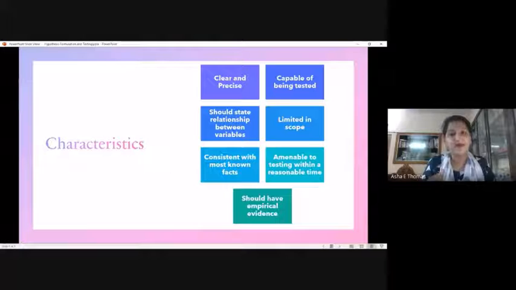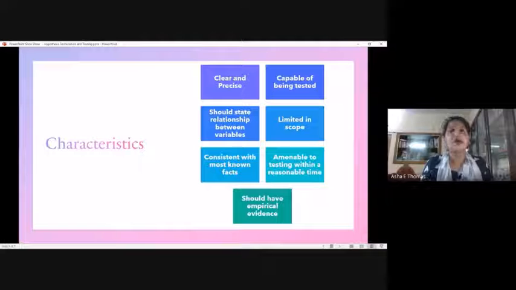That's what we say, that we should identify the variables, we should establish the relationship between these variables, and to be on the safe side, it's not mandatory. Maybe in scientific research, it may not happen often, but when we are talking about the establishment of a relationship, it should be consistent with most of the known facts. There are exceptions, okay?